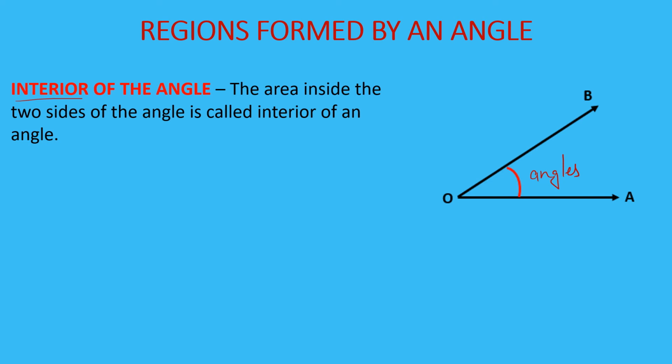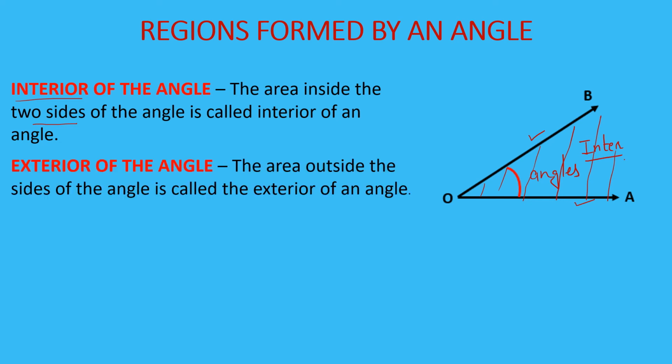So the area inside the two sides of the angle is called the interior of an angle. The two sides of this angle are OA and OB. The area which is inside these two rays, this portion, is the interior of the angle.